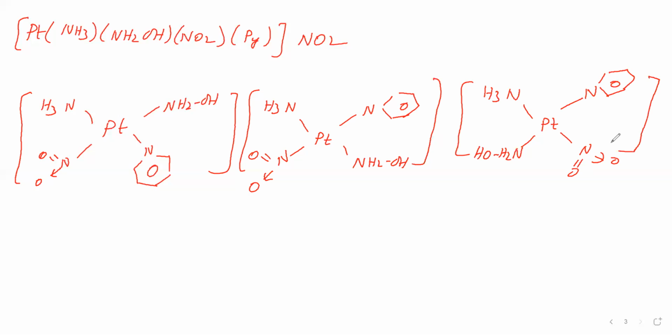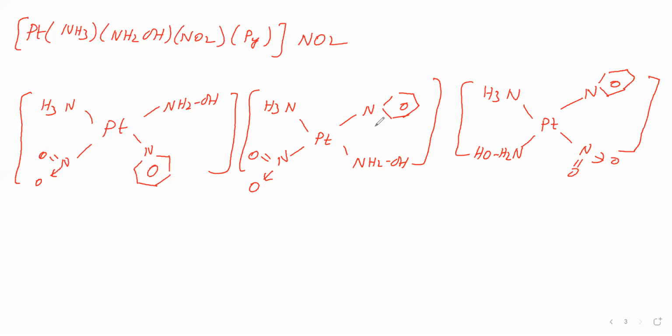Are there any more possibilities? No more. In this case, NH3 is against pyridine. Now NH3 is against NH2OH. NH3 is against NO2. So for NH3, three different ligands can be against it. That's all.